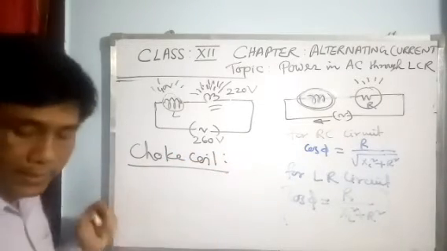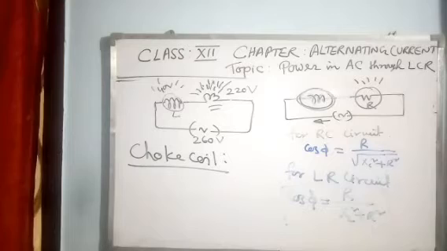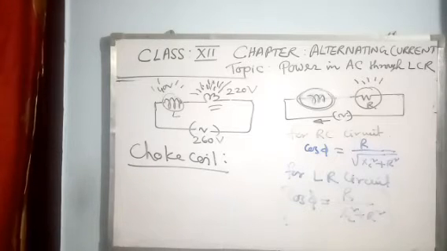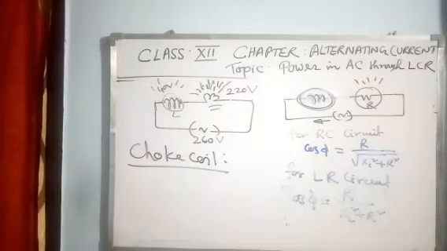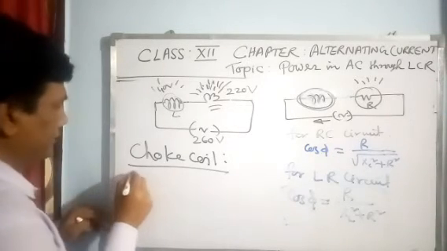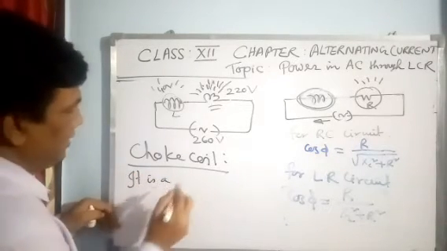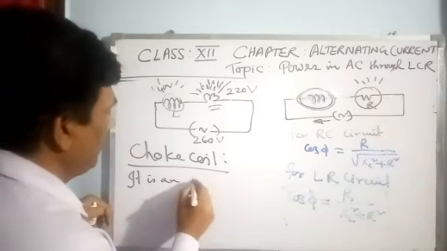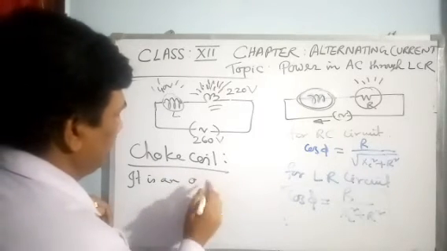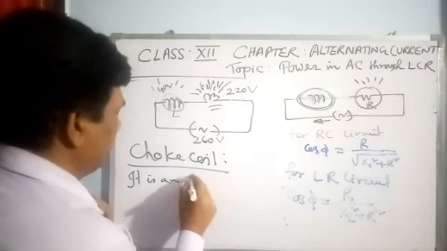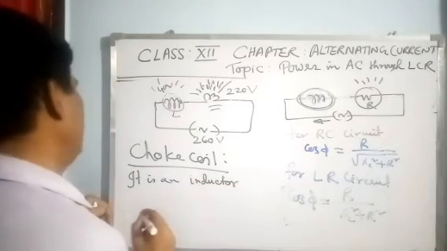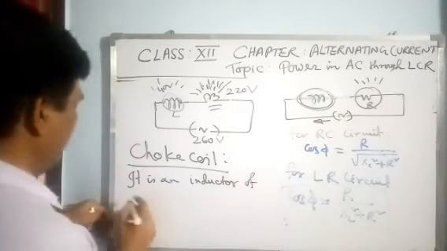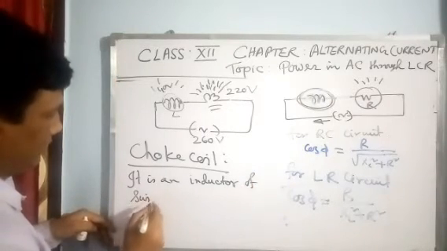What is a choke coil? It is an ordinary inductor connected in series to a load resistance.